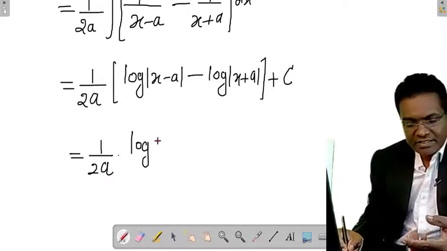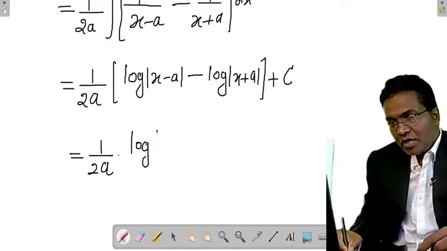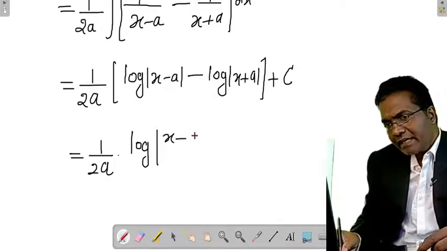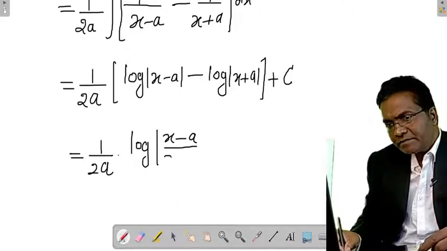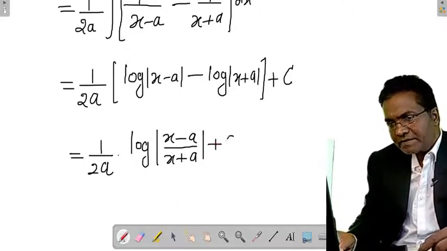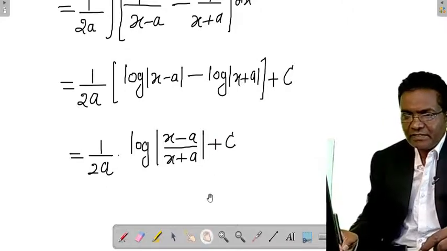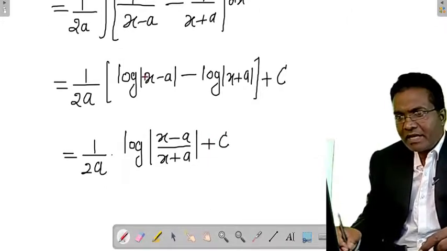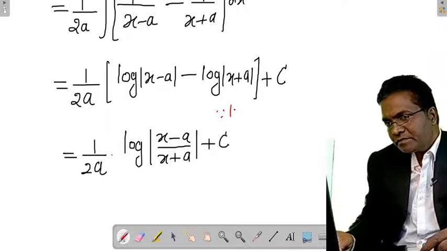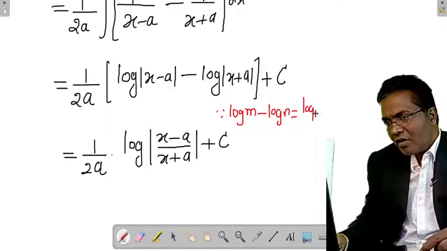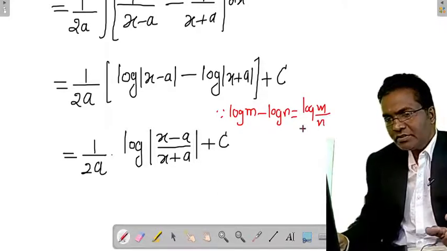So you can write it as log of mod x minus a by x plus a, plus c. Remember this.